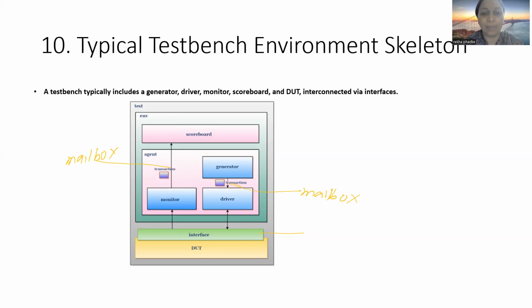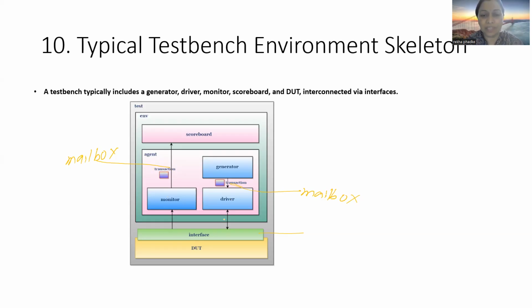So we have mailboxes between driver and generator. There is a mailbox between scoreboard and monitor. So the function of the mailbox is to put the packets to the driver here, or put the packet from the monitor to the scoreboard here. So that's the function of mailbox.